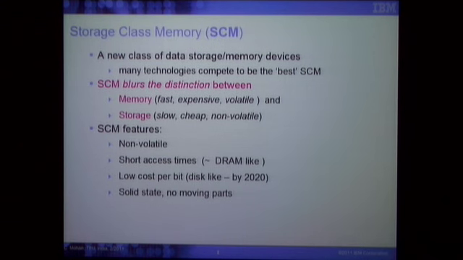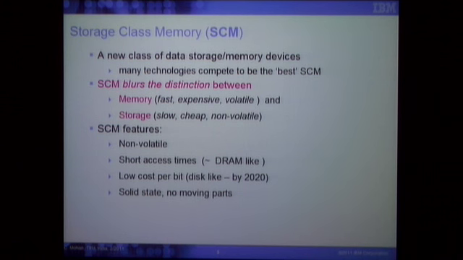Of course, we are using SCM as a more generalized way of referring to the kinds of memories that various people have talked about at this workshop. And these are intended to fuzzy the difference between main memory and disk.